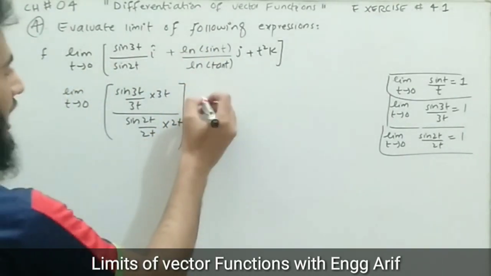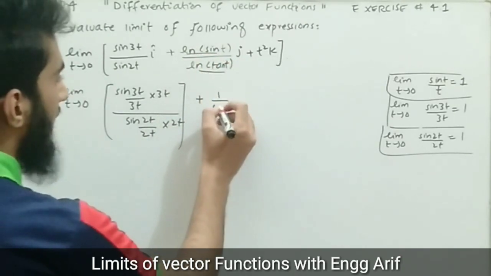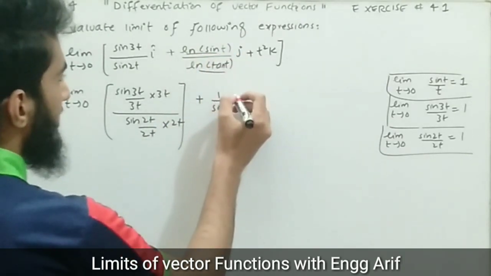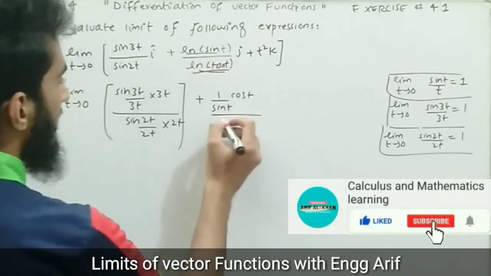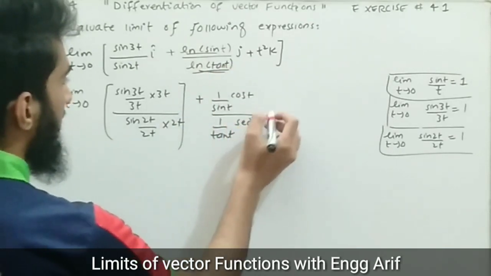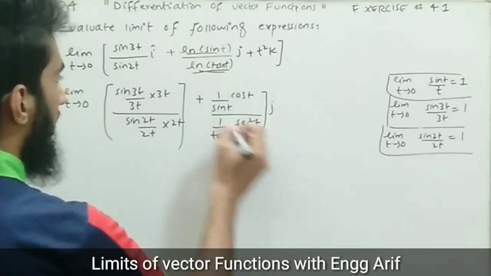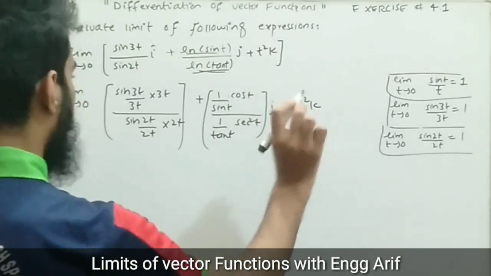I will use L'Hospital's rule, differentiating this term and this term. So the derivative of ln of sin t will be 1 over sin t, and the derivative of the inner function sin t will be cos t, divided by, using L'Hospital, the derivative of ln of tan t is 1 over tan t, and the derivative of tan t is secant square t. And also we have j over here, and plus it becomes t square k. We will apply the limit after.